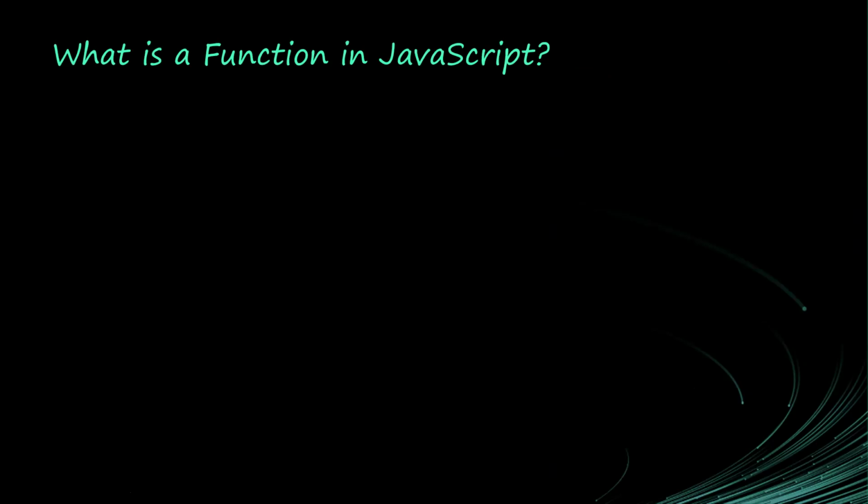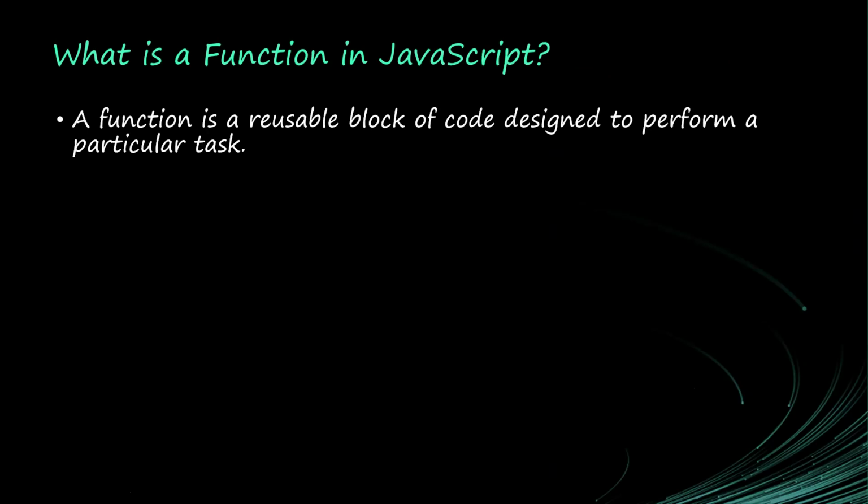So what is a function in JavaScript? A function is a reusable block of code designed to perform a particular task. That means whatever you have in your function will be reused. If you have a particular task that you want to reuse often, you need to turn it into a function.